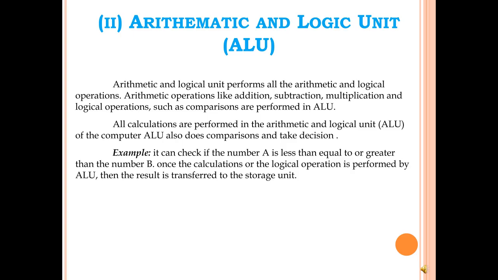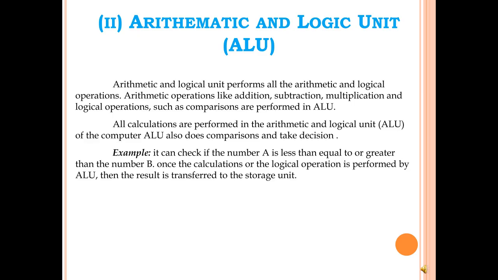Arithmetic and logic unit, ALU. What does it do? It performs all the arithmetic and logical operations. Arithmetic operations like addition, subtraction, multiplication, and logical operations such as comparisons are performed in the ALU. All calculations are performed in the arithmetic and logic unit of the computer.